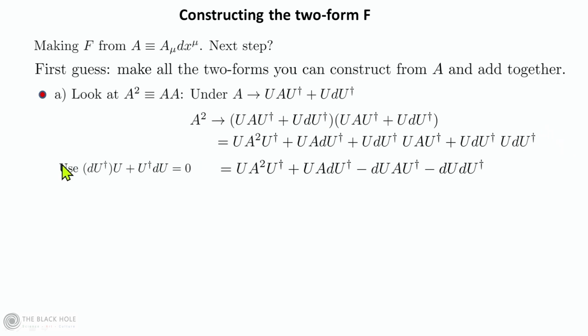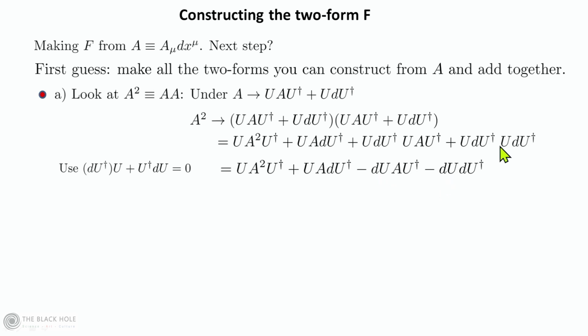Okay, now let me use this fact that U dagger U is equal to 1, which means that we have this relationship here. And now let's see how we can apply that here. Nothing to do over here, nothing to do over here. But look over here, there's dU dagger U. I'm going to replace that with minus dU U dagger, and now there's a U dagger U that comes in, which is equal to 1.